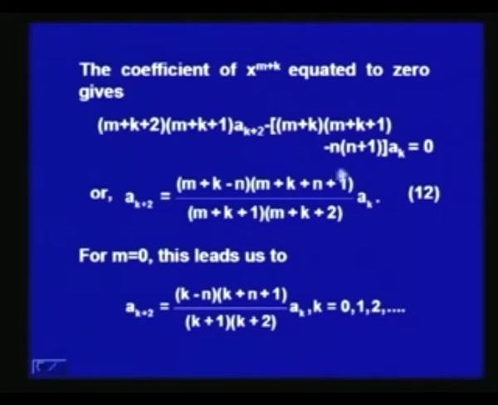The remaining thing will be m plus k plus n plus 1. So the numerator here is m plus k minus n into m plus k plus n plus 1. This is the recurrence relation which connects a k plus 2 with a k. So, if we know the value of a k, we can find the value of a k plus 2.